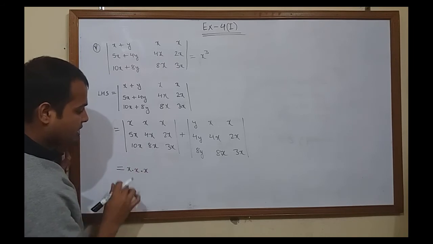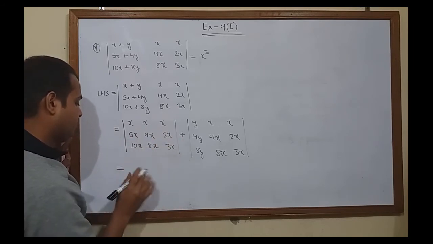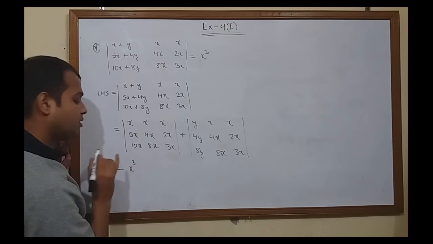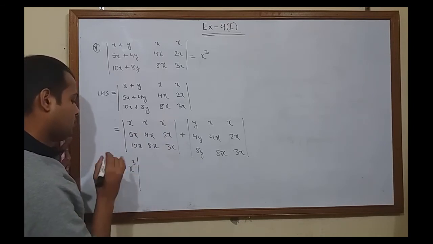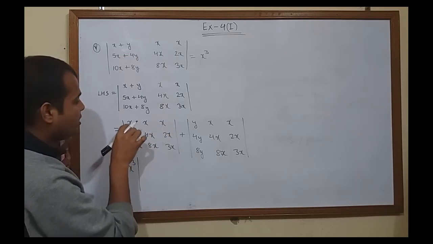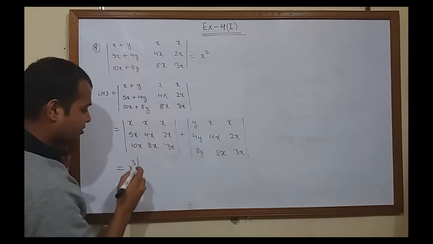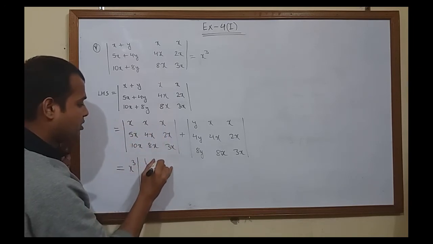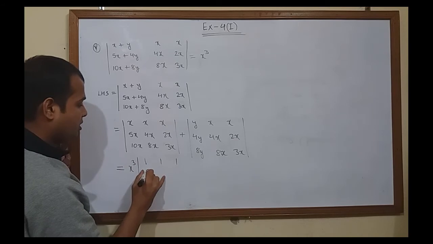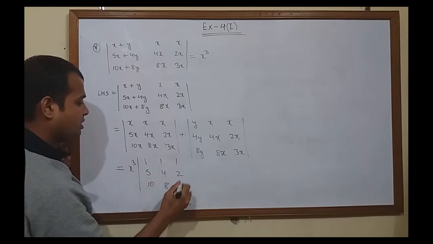That means x into x into x, so simply I can write x cube. Since x has come out, we are left with 1 1 1 inside. Okay, so 1 1 1, here 5 4 2, 10 8 3.